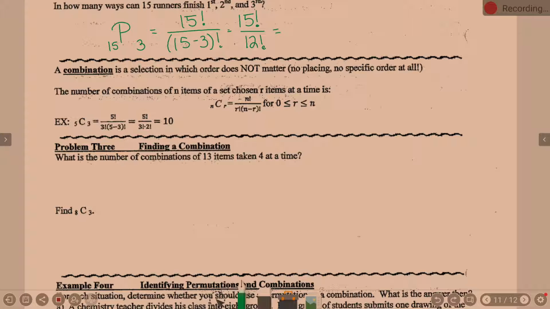Or if you want, first, second, third. 15 people, 14 people, 13 people. What'd you guys get as an answer? Okay. There are 2,730 ways these 15 people could finish first, second, and third.